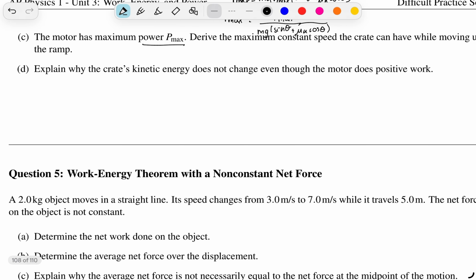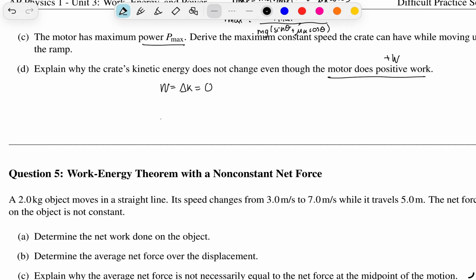So for part D, we're asked, why does the kinetic energy not change even though the motor does a positive work? Well, the reason is because our work is equal to change in kinetic energy, and that is equal to 0. So the motor does a positive work.